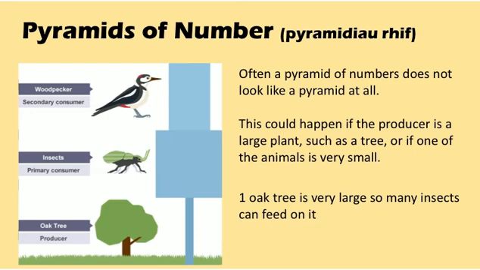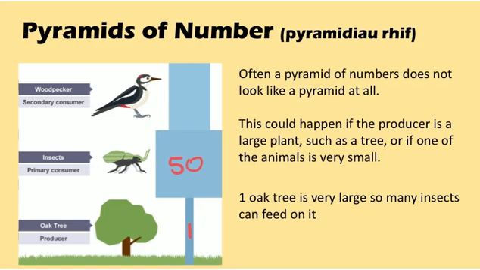So we have one oak tree at the bottom, so the bar is very thin, but then we have a lot of insects as our primary consumer. Let's say here that we have 50 insects feeding on that one oak tree. So our second bar for our primary consumer would be really wide because there's a big number.